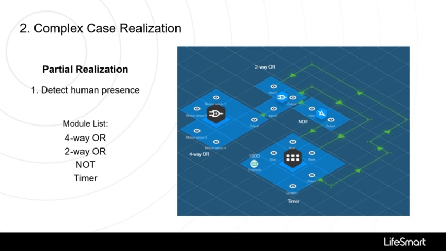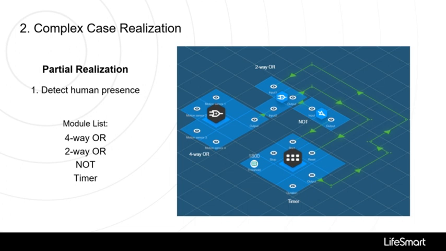It will compare the status of these 4 motion sensors, and it will output a 0 if all 4 motion sensors have a 0 status, which means there's no one in the living room, and it will go to the input of the two-way OR.